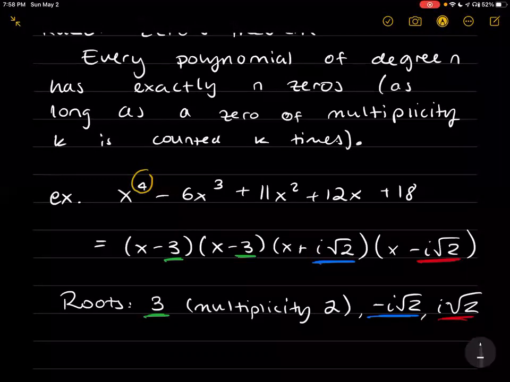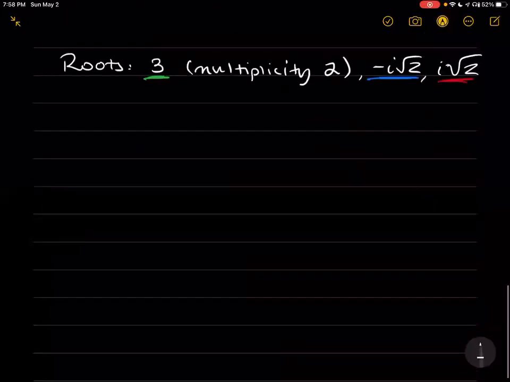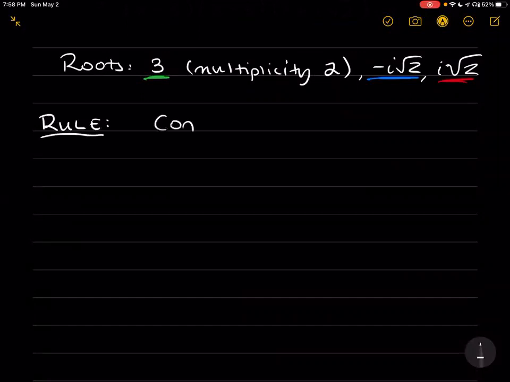Okay, we have one more rule to look at. Let's just go ahead and do it. So this last rule that we're going to be talking about is called the conjugate zeros theorem. This one, I think, is probably the easiest to understand what it's saying.